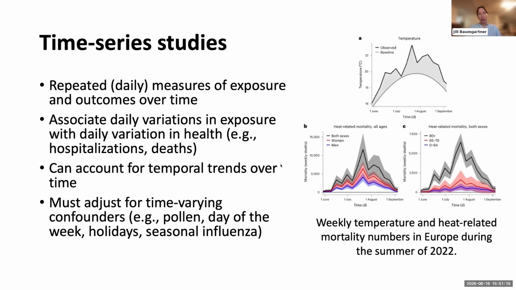Essentially, what these studies are trying to do is take repeated, usually daily measures of an exposure and an outcome over time. And then they're looking to associate those daily variations in exposure with daily variation in health. So they're basically saying we have the same population, and we're just comparing that same population with hospitalizations or mortality on different days.